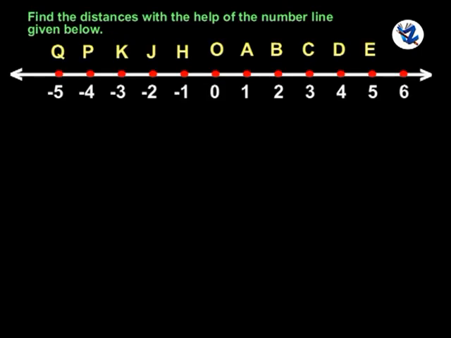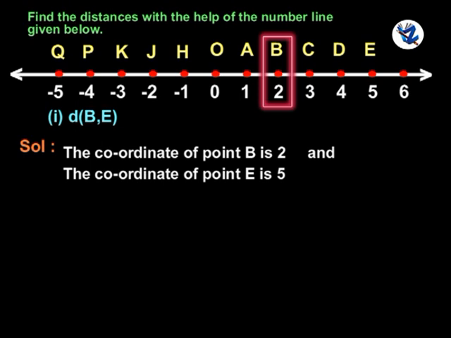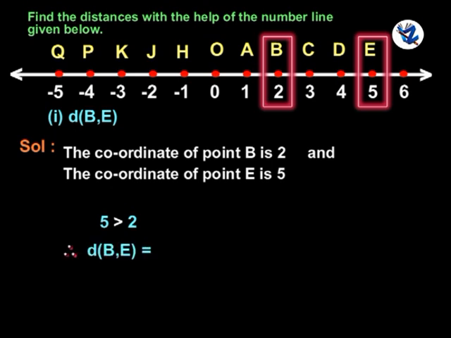Now the question. Find the distances with the help of the number line given below. Distance BE. The coordinate of point B is 2 and the coordinate of point E is 5. 5 is greater than 2, therefore distance BE is equal to 5 minus 2, which is equal to 3.